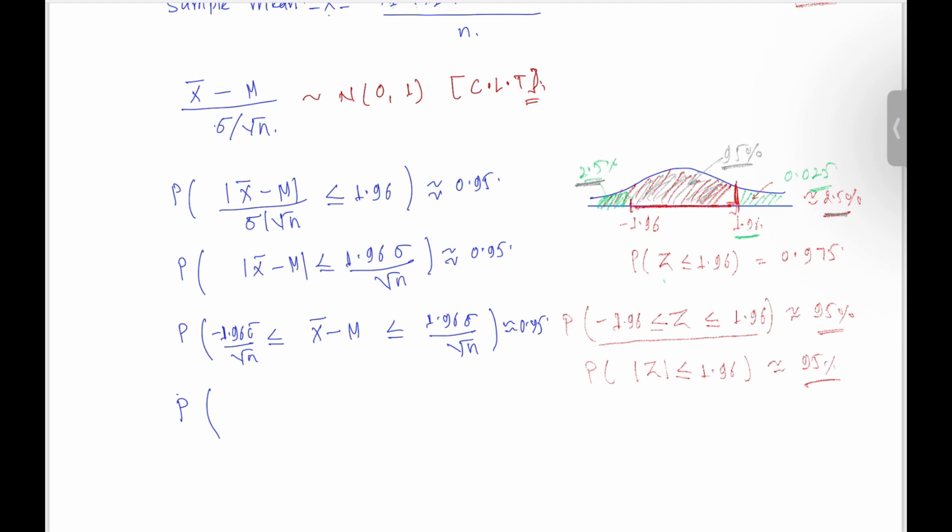Overall this can be written as 1.96 sigma divided by root n being greater than or equal to mu minus X bar, which is less than or equal to 1.96 sigma divided by root n. What I am doing is multiplying by the negative all over.